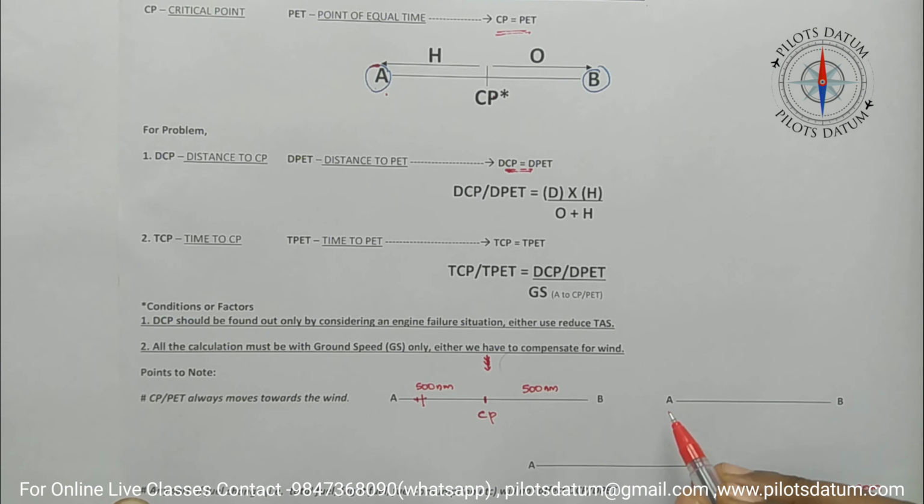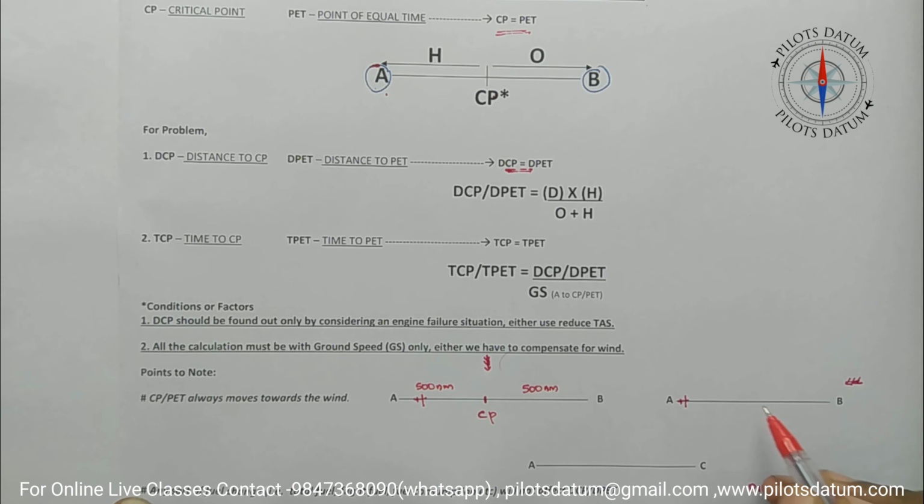And the second one is if the aircraft is traveling from point A to point B. Consider if there is a wind from this direction. If the aircraft is traveling from A to B, and the wind is coming from this direction, that means the CP will move towards the wind. If there is no wind, the CP is the midpoint. So if there is wind, as I told you, CP will move towards the wind.